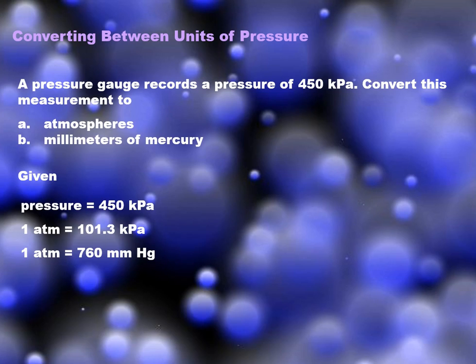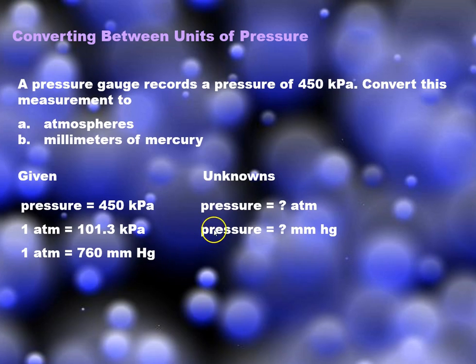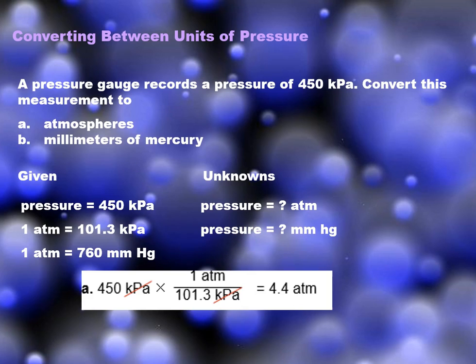And I put down our equality statements: 1 atmosphere is equal to 101.3 kilopascal, and 1 atmosphere is equal to 760 millimeters of mercury, since we're going to be converting to each one of those in parts A and B. So our unknowns: first we want to convert the pressure to atmospheres, and second to millimeters of mercury.